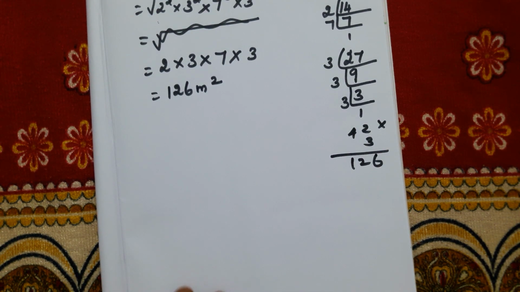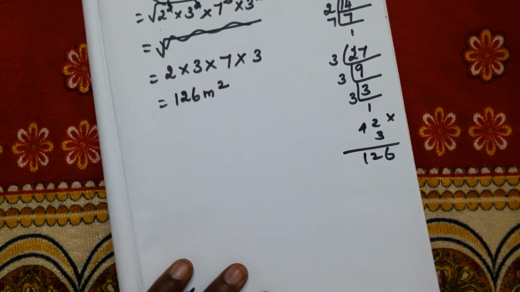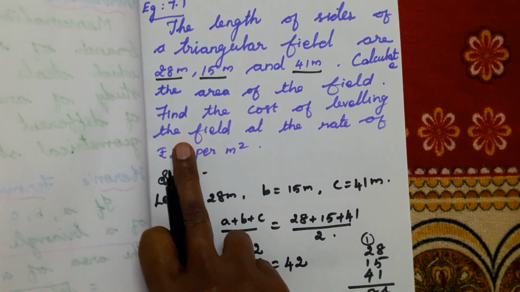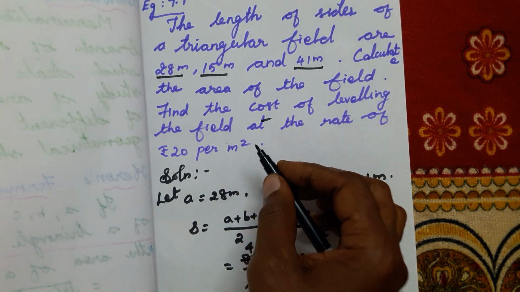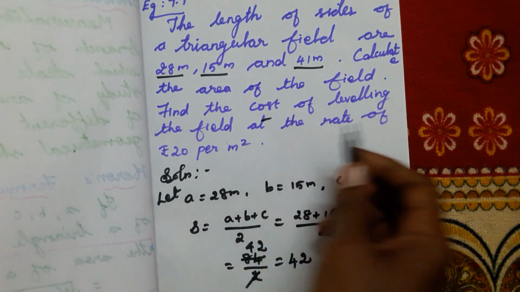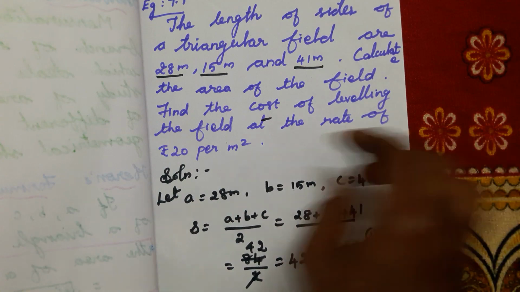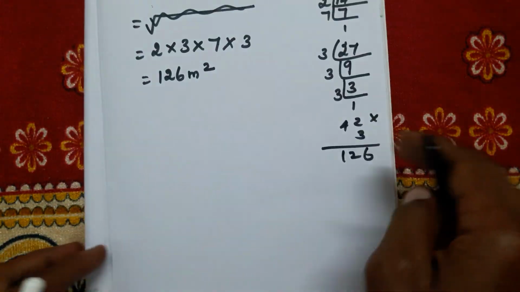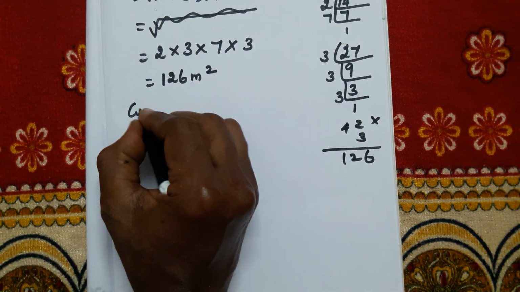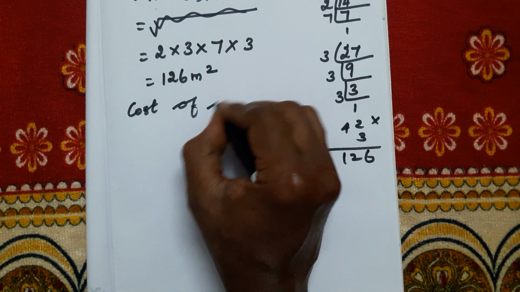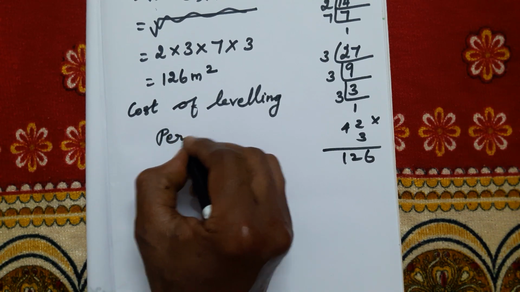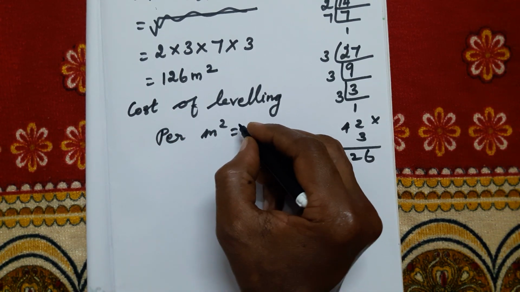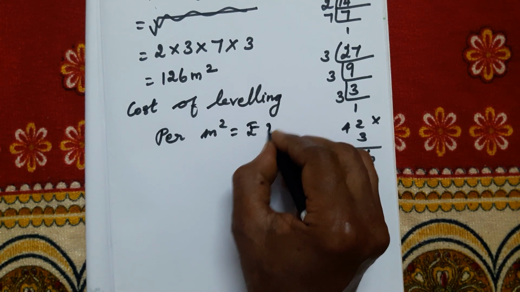Now, what is the question? In the question, the cost of leveling per square meter is given: find the cost of leveling the field at the rate of rupees 20 per square meter.